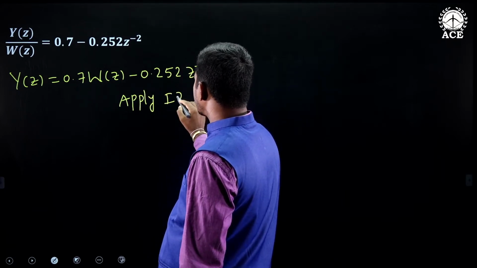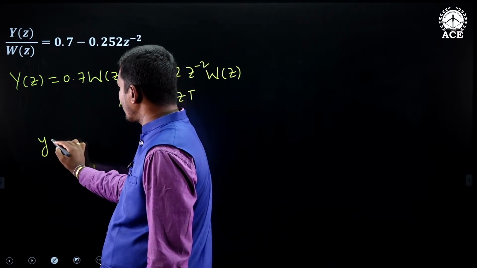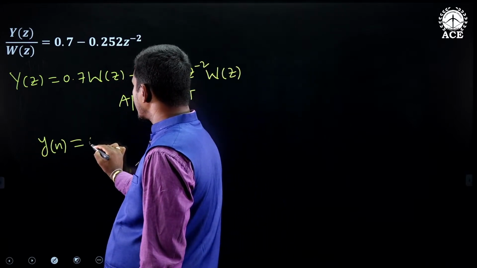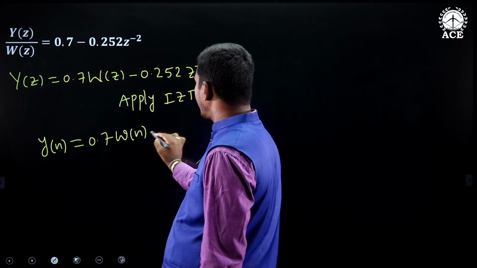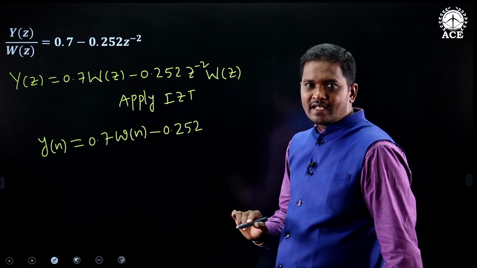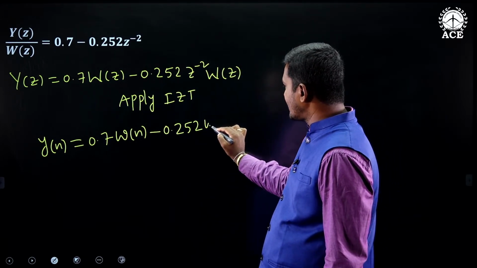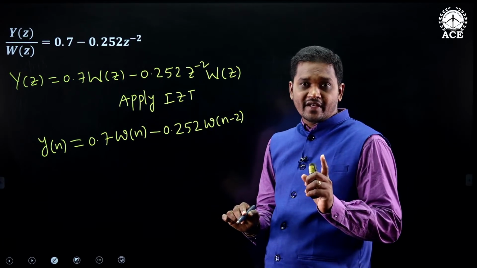Then what is the inverse of y of z? Y of n equals 0.7 times the inverse of w of z, which is w of n, minus 0.252 times the inverse of z power minus 2 into w of z, which is w of n minus 2. See, time shifting property, very important.